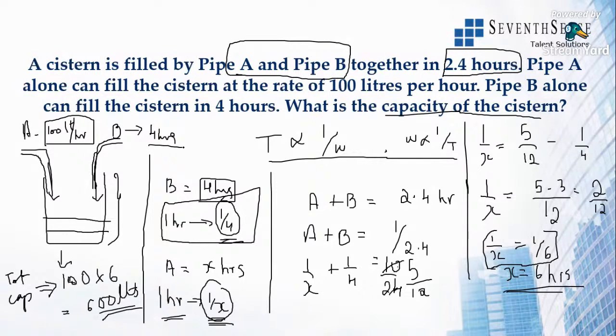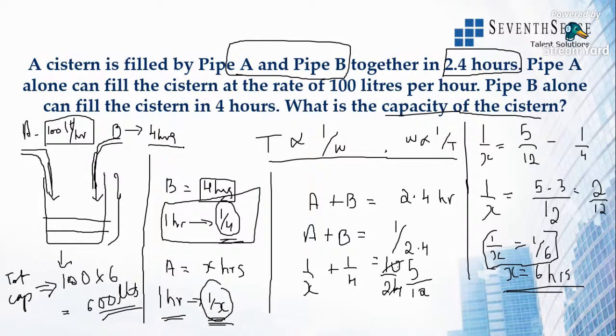If we know the rate of B, we would directly apply and get the answer. The rate of pipe B is 150 liters per hour, because the total capacity of the cistern is 600 liters, and 600 by 4 gives 150 liters per hour.